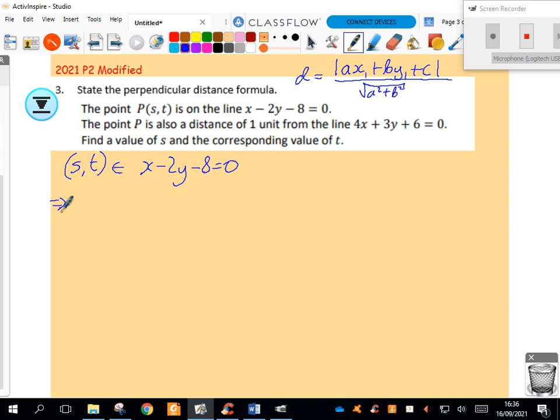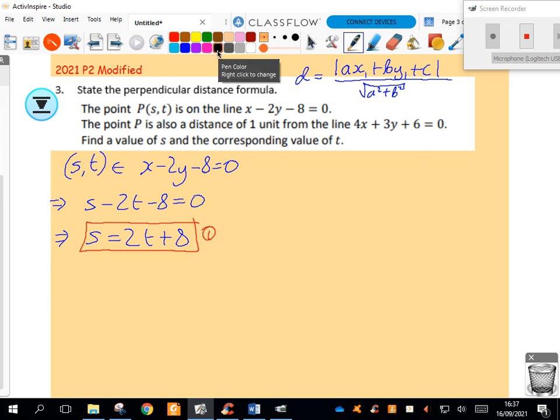That means that when I plug s in for x and t in for y, I should get 0. Note, I can solve for s there in terms of t. s is going to be equal to 2t plus 8, and that's going to be an important relation a little further down the road. Okay, that's my first equation.